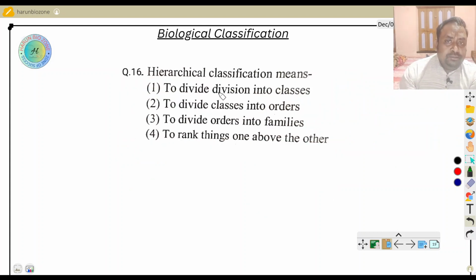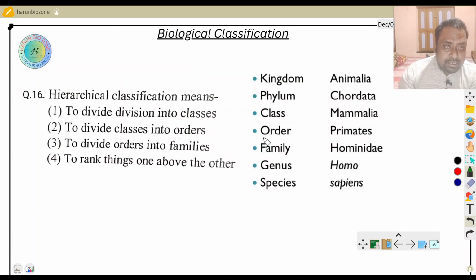Hierarchical classification means to divide divisions into classes, to divide classes into orders, to divide orders into families, to rank things one above the other. Here taxonomic hierarchy means to rank things one above the other, like the classification of Homo sapiens. Kingdom is the largest taxon, and species the smallest taxon. Kingdom means all animals.